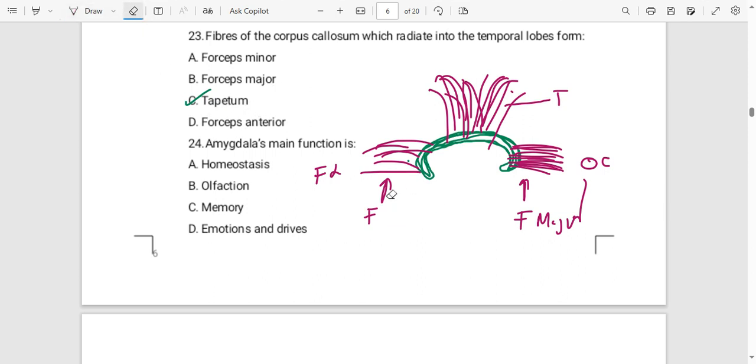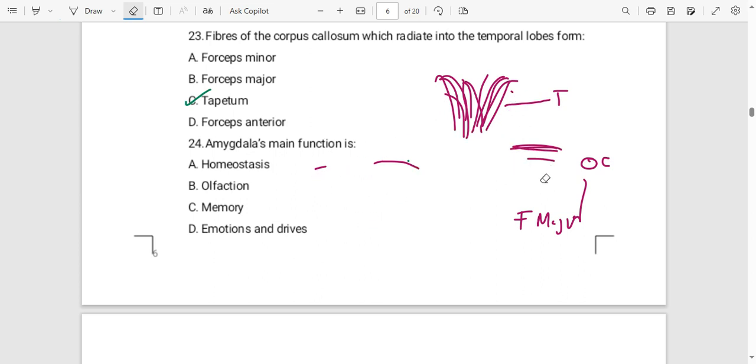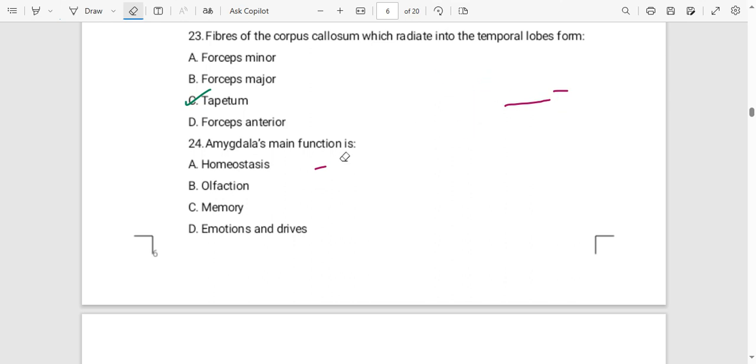Number 24. Amygdala's main function is: homeostasis, olfaction, memory, emotion. Anyone to help? Emotion, right? Why do you cry when you're eating nshima? Because you love nshima too much.